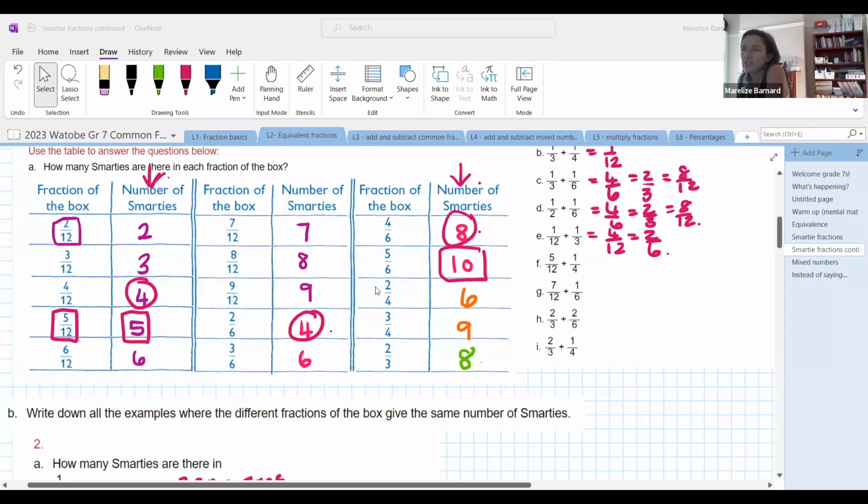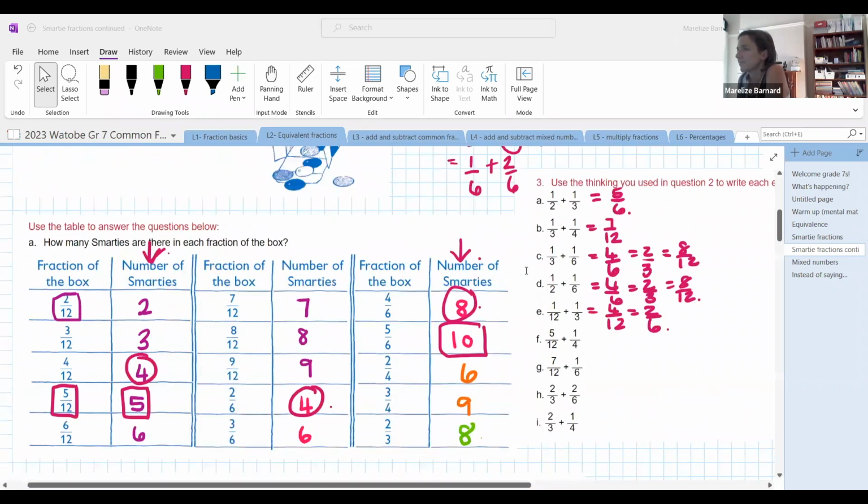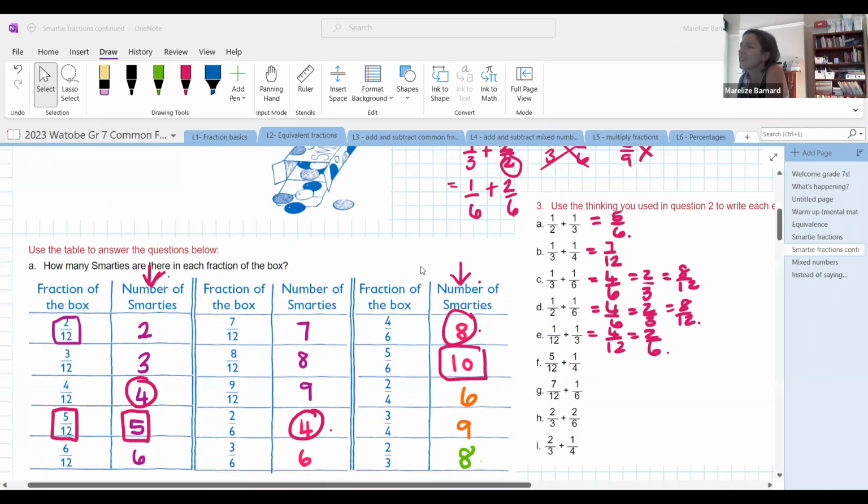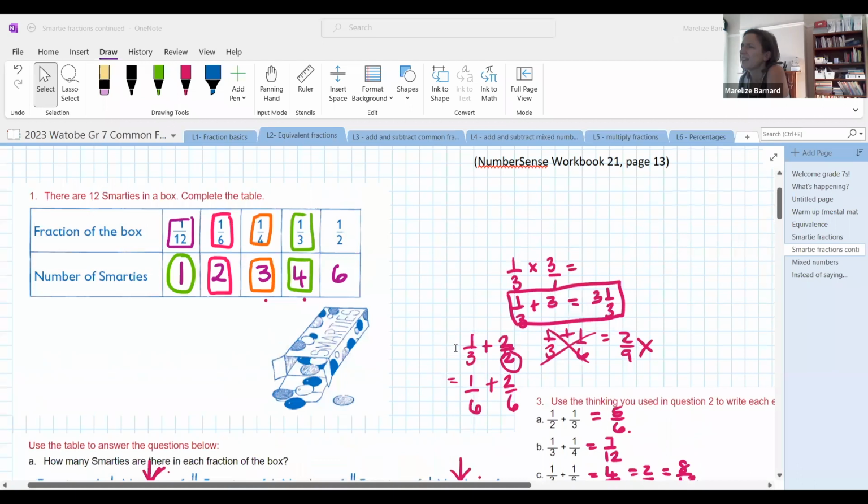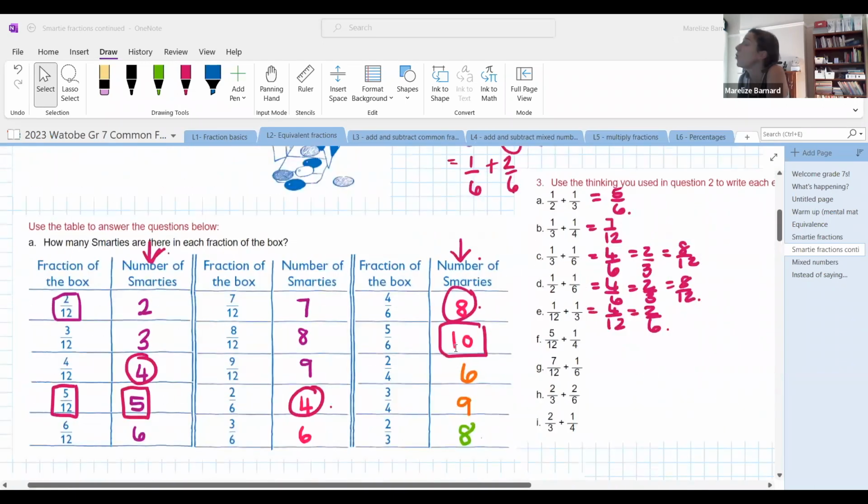Then I just go on my table and I see, oh yes, 10. Because of the previous work we did on Monday, we said 10 Smarties is actually 5/6. Okay, ma'am, I understand. This is much easier than trying to figure out what to multiply, and then you forget to multiply something and you don't know why you multiply. It is just something for you to understand what you are doing with fractions, okay? Yes, ma'am.